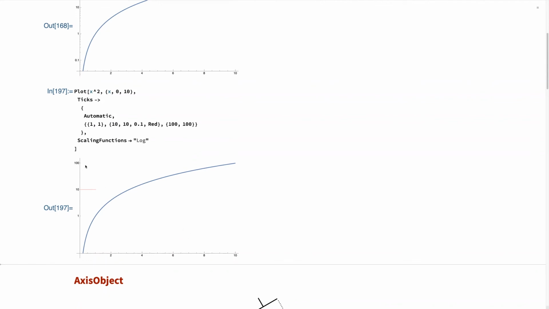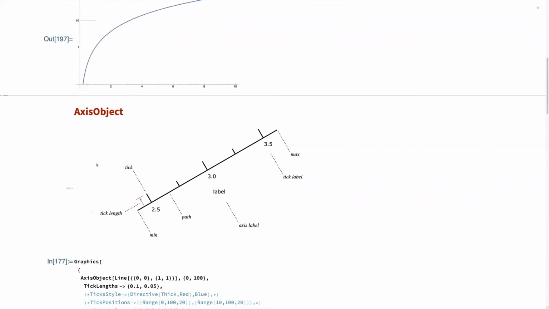But most importantly, ticks is strictly associated to the system axis. That means that you can only apply it to the horizontal and vertical axes. For the axis object, there's a reason, this is from the documentation, that we did not draw it horizontal or vertical. We draw it at an angle to indicate that this axis object can be in any shape. It's not even just a straight line. It can be circular. So for the details, again, see James' talk tomorrow.